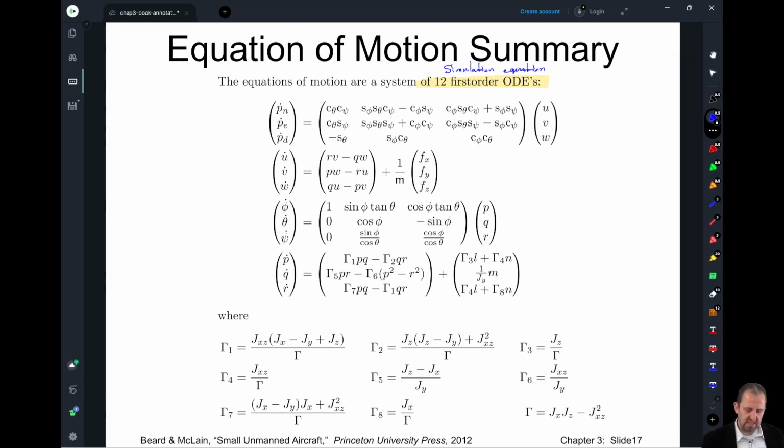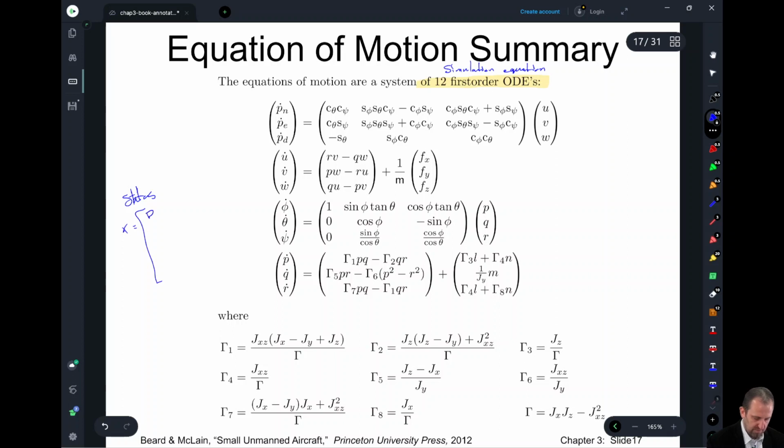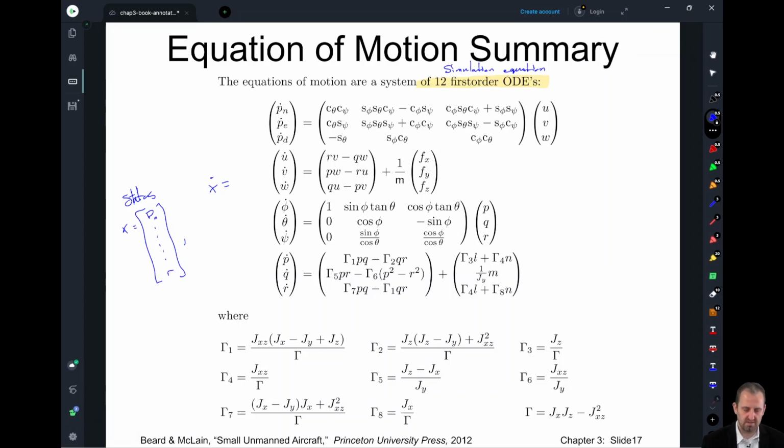We can now take those ODEs and simulate forward in time, where our state x is equal to Pn all the way down to R, and our x dot is equal to Pn dot all the way down to R dot.